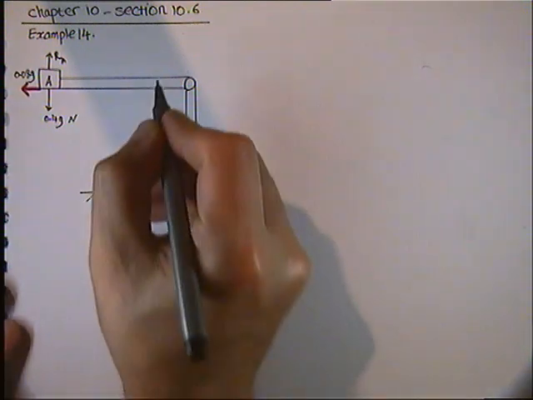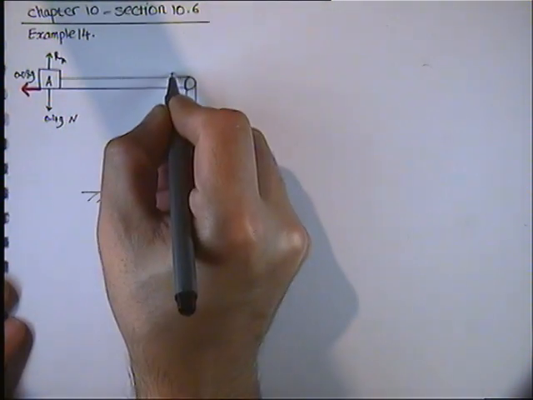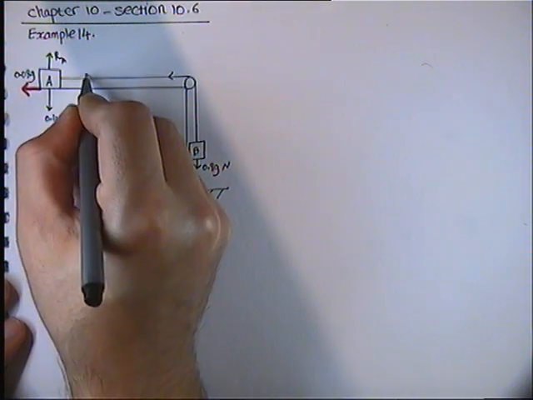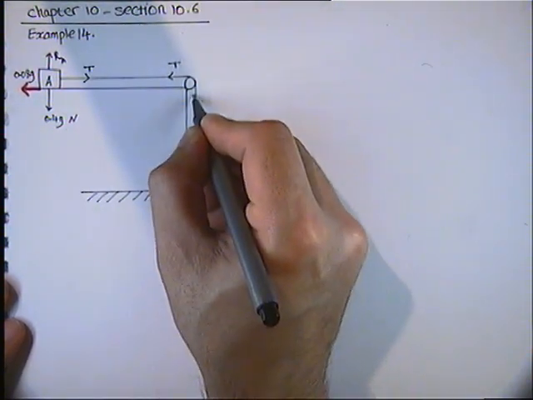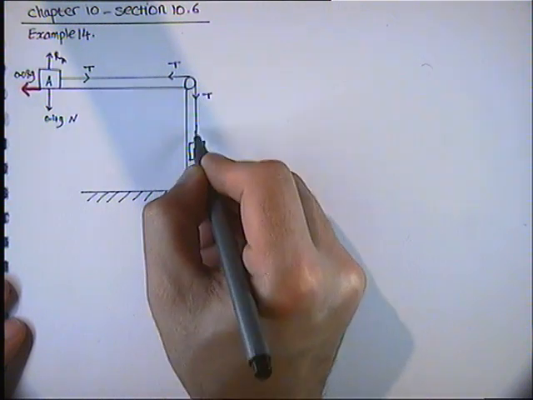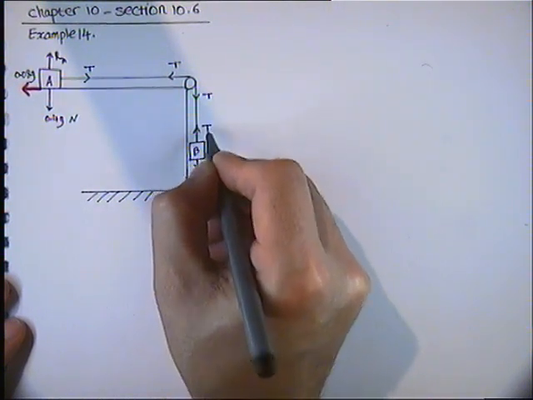What other forces? There is tension in this direction and tension in this direction. Similarly, tension for B in this direction and from B in this direction.